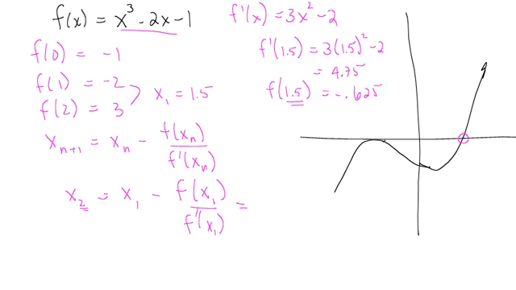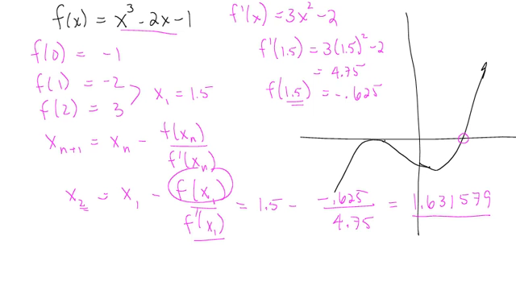Now I've got everything I need for my second guess. So x1 is 1.5, that was my first guess, minus the function at my first guess, which is -0.625, divided by the derivative of the function at 1.5, which is 4.75. And evaluating that, I get 1.631579.